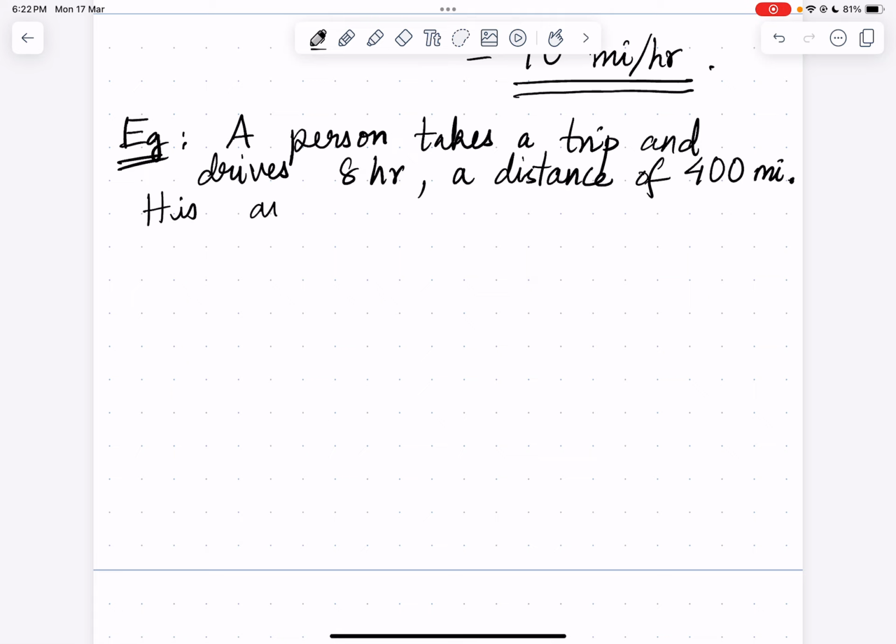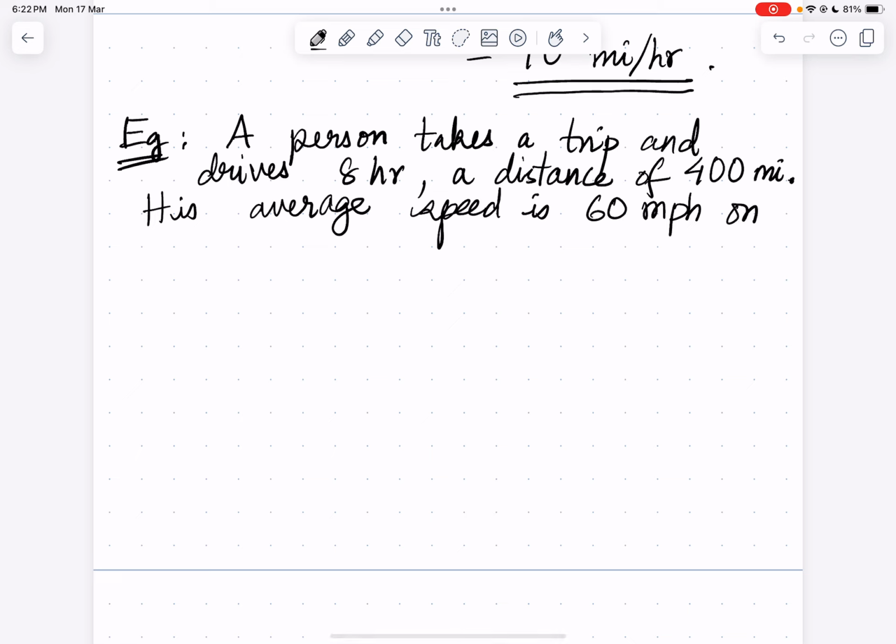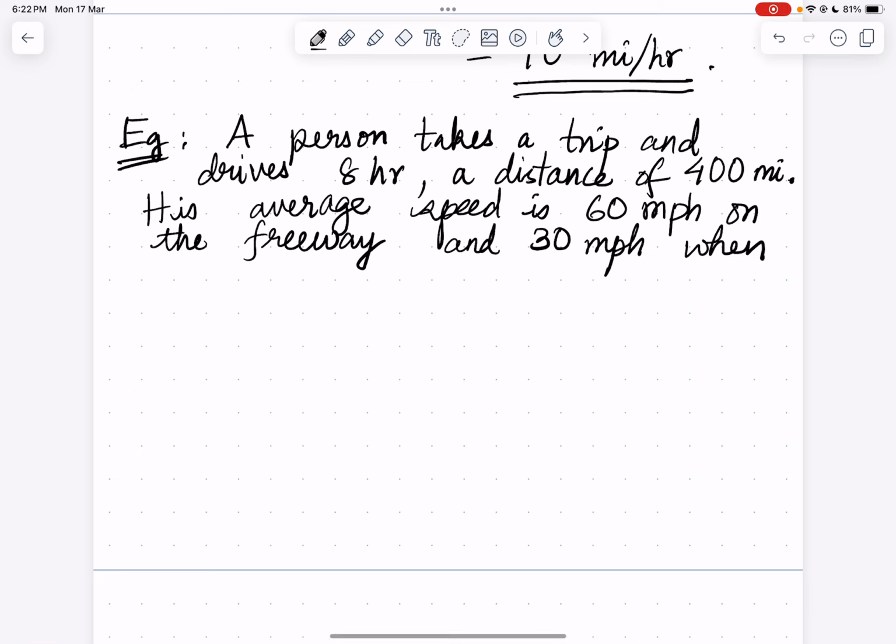His average speed is 60 mph, miles per hour on the freeway, and 30 miles per hour, somewhat lesser, when he drives through the towns.